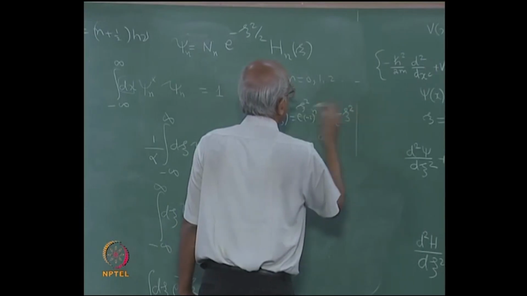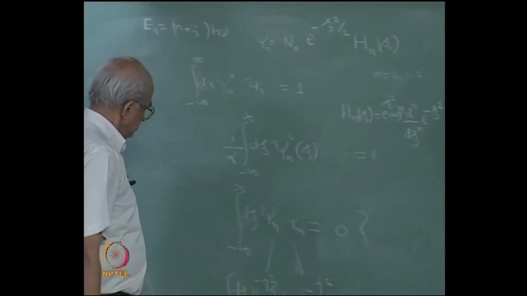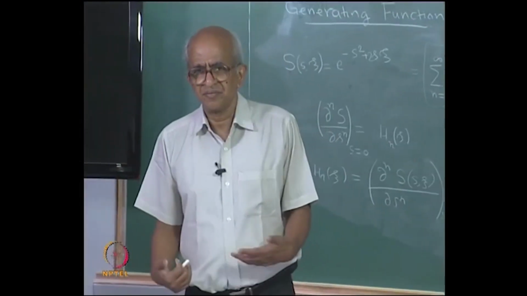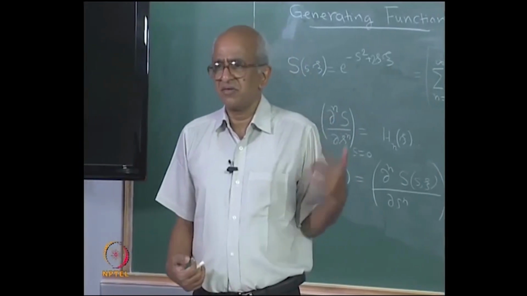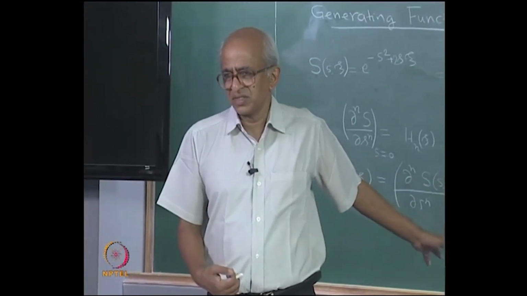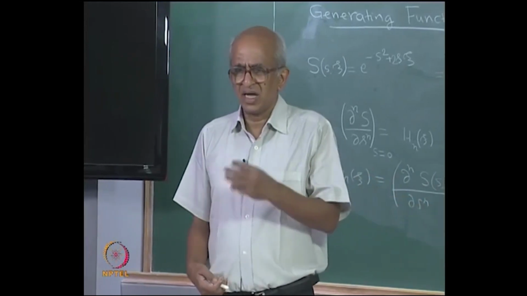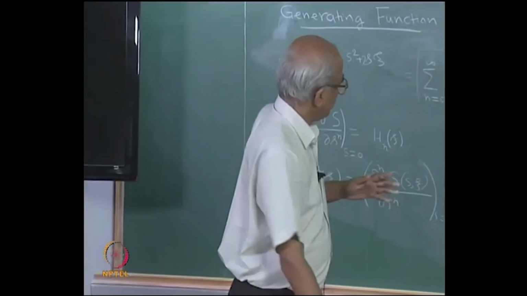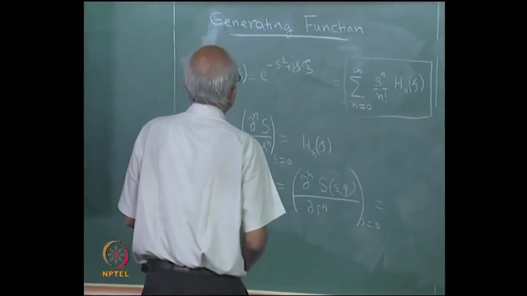So, this is the formula for Hn. If I try to evaluate this integral by the usual methods, it is rather difficult, and that is where the generating function is extremely useful. All the integrals that you want in connection with normalization, orthogonality, everything can be evaluated in an extremely simple fashion. And so, let me demonstrate that to you.